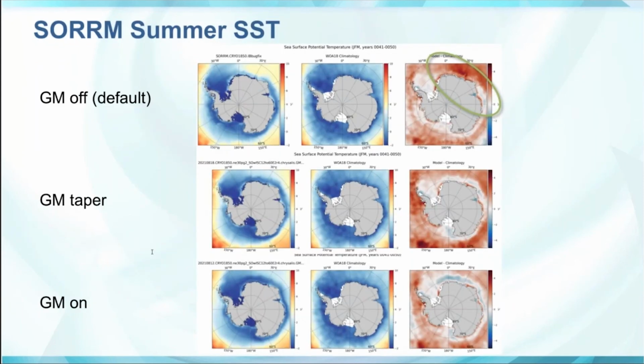So I'll start with this strong summer SST bias, which is reduced with GM completely on, and is still reduced with a GM taper, but providing a bit of a middle ground between the two. So this is at least encouraging in that respect.